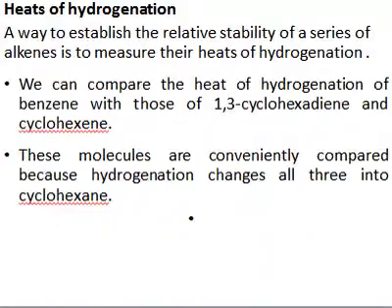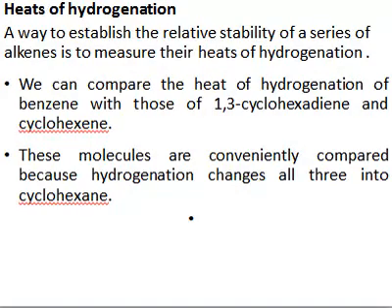So now let's consider the heat of hydrogenation. Whenever we have to consider the stability of a system, the simplest way is to look at the heat of hydrogenation. So we'll compare the heat of hydrogenation of benzene with that of 1,3-cyclohexadiene and cyclohexene.